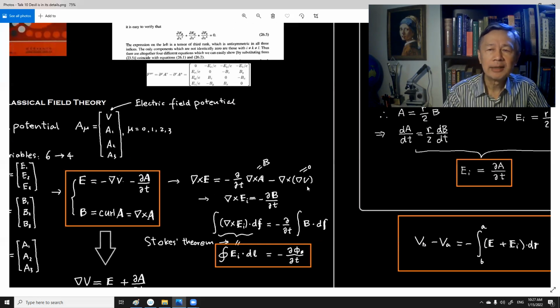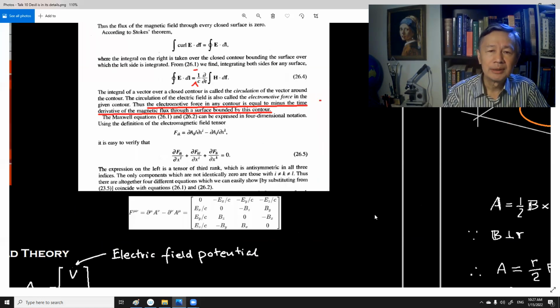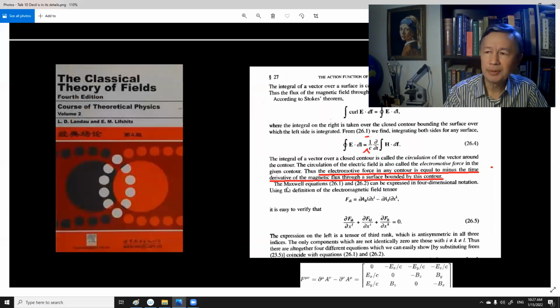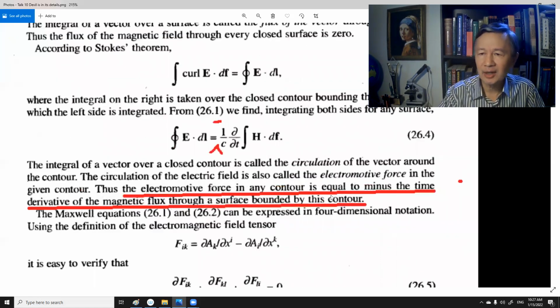Let's go to some original description. From this textbook by Landau and Lifshitz, we can see an outline of what we just discussed.